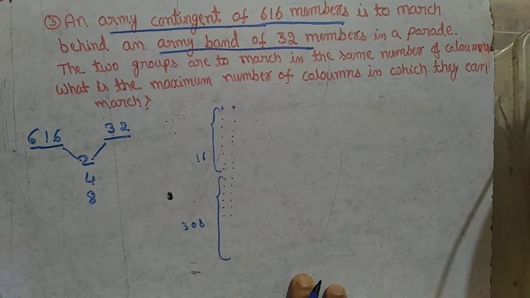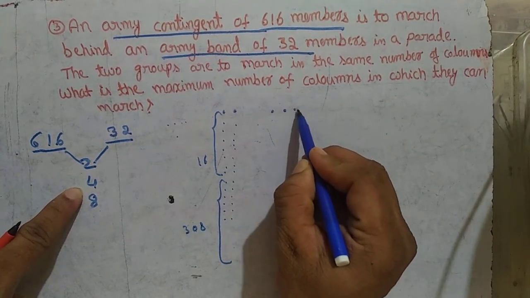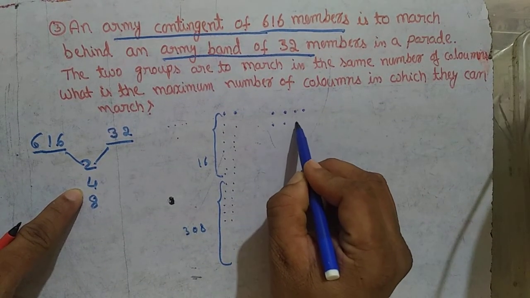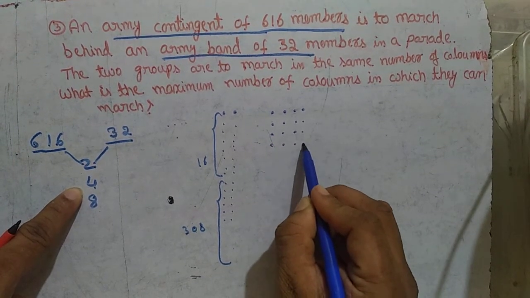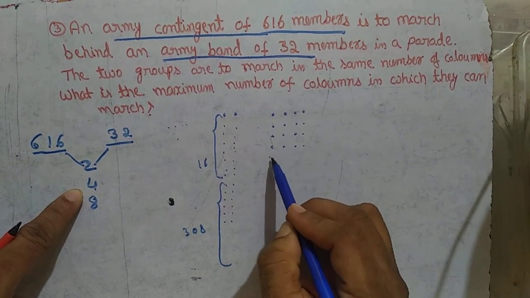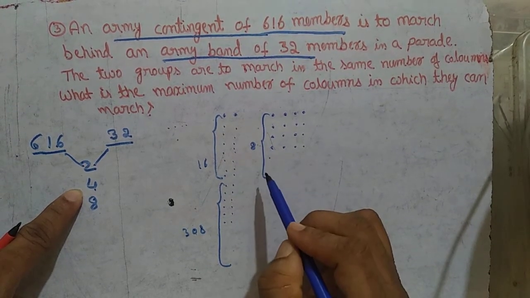So when we take 4, the army band of 32 will make 8 columns.